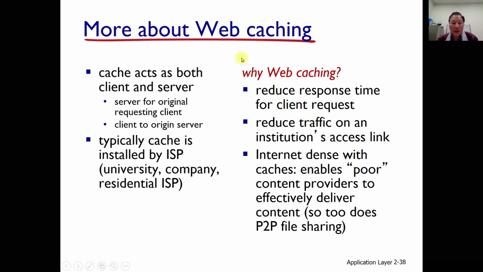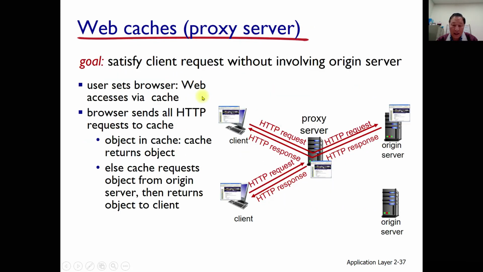Okay, here are some other aspects of web caching. A cache acts as both client and server. As we observed in the previous slide, let's go back here. In that case, it is working as a server.